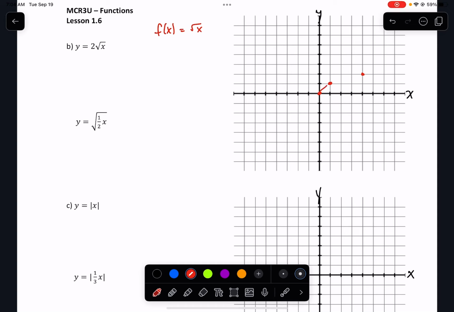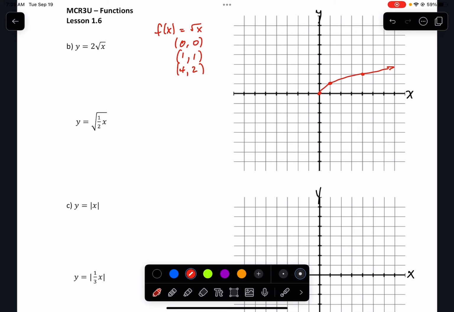Those are strategically chosen inputs of x so that I get nice values of y out. If I input 0, I get 0 out. If I input 1, I get 1 out. And if I input 4, because 4 is square rootable nicely, I get 2. So that's where those points came from.